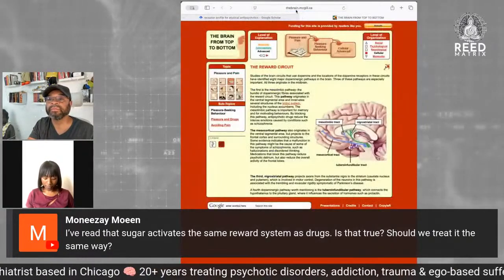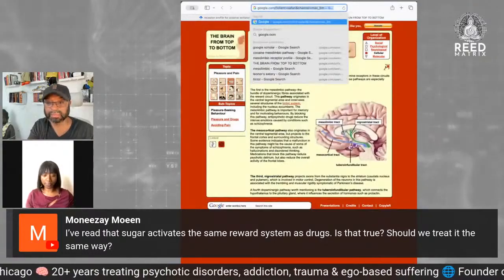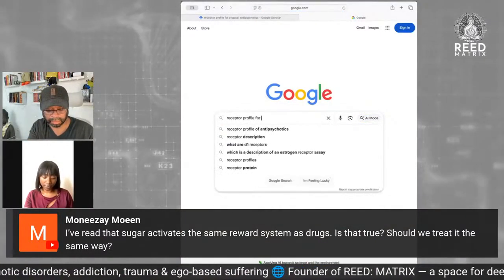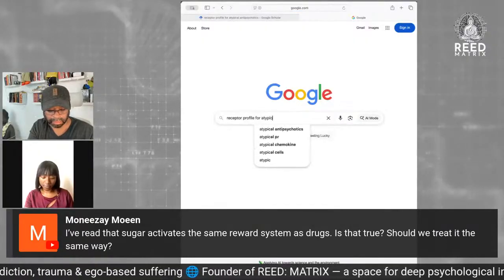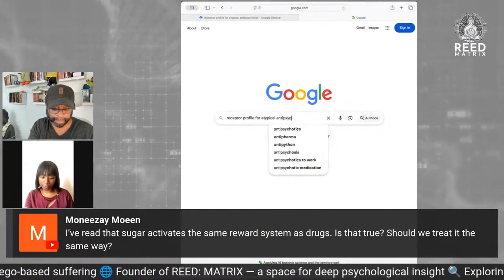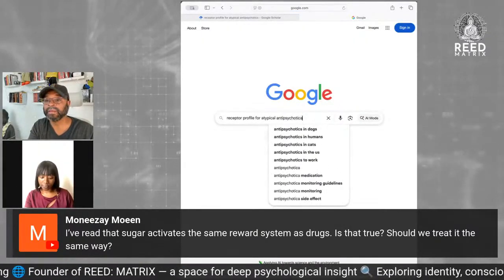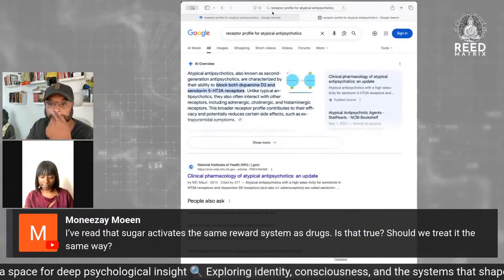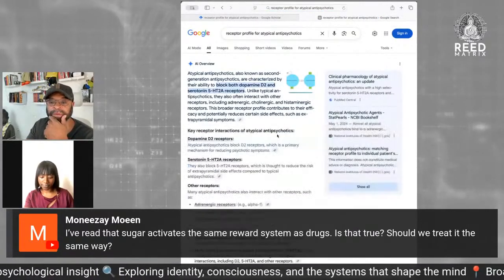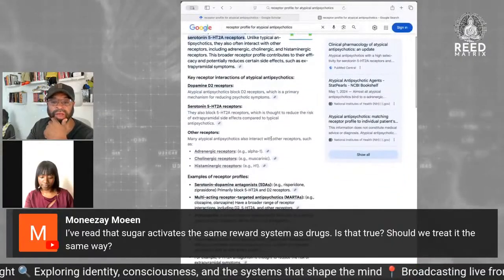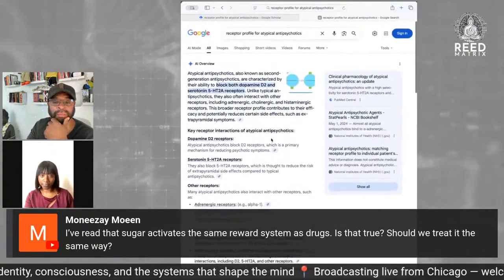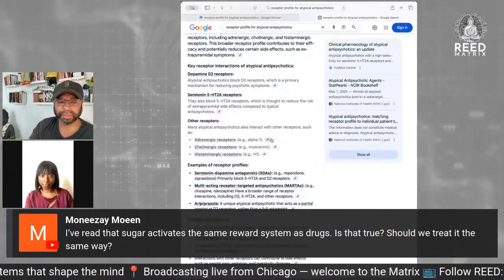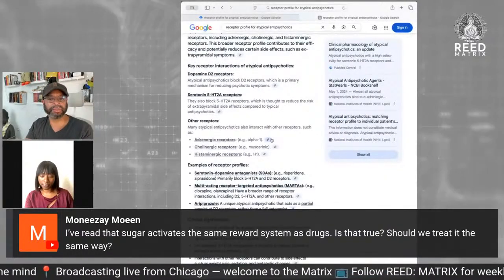I hope I didn't spell it wrong. So I want you to see the receptor profile here for atypical antipsychotics, not the typical ones like the older generations, the atypical ones, the newer ones.